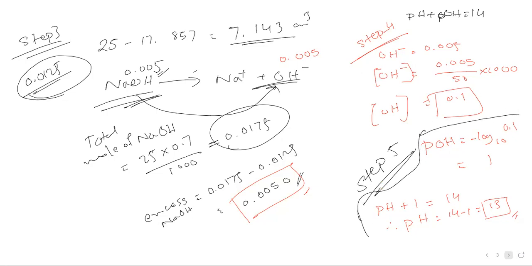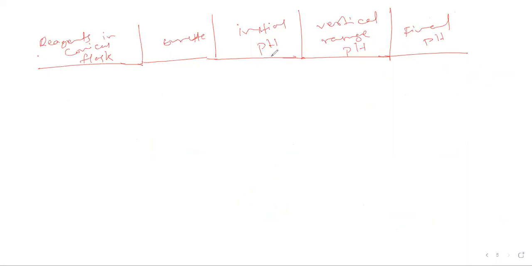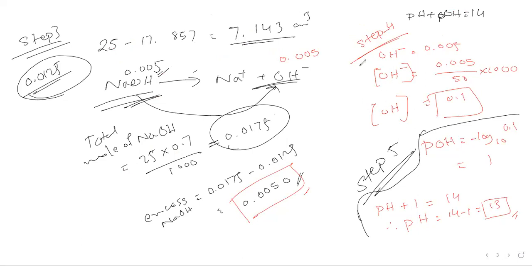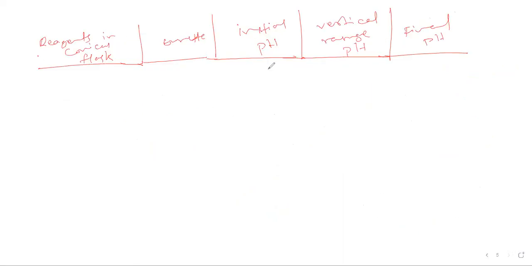So if the pH values in the question, the initial and the final, are not mentioned, you have to find the pH value on your own using the information being provided. But if they have provided it, then use the information which is there. But if no information is given, no concentrations, no volumes, and they are simply asking you to draw the curve, then use this chart's values. This chart is the last place to go. But this vertical range should always be used. This is mandatory.